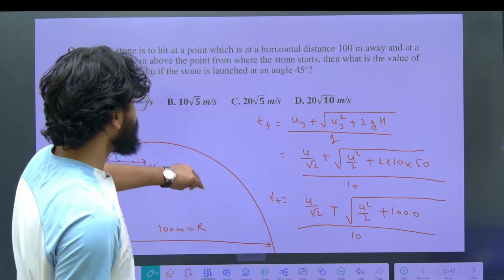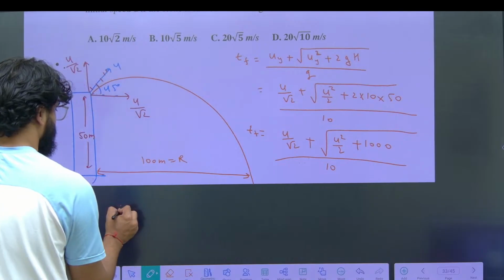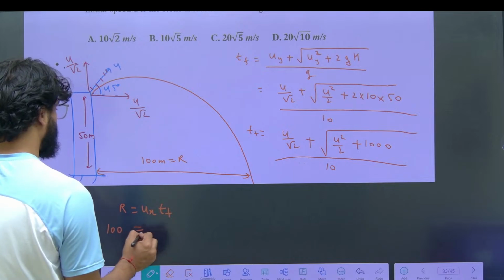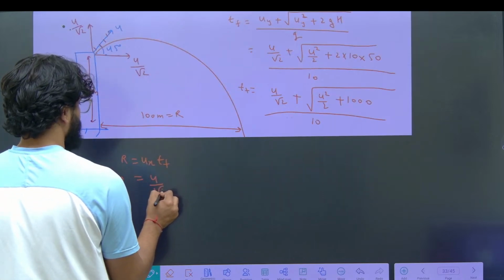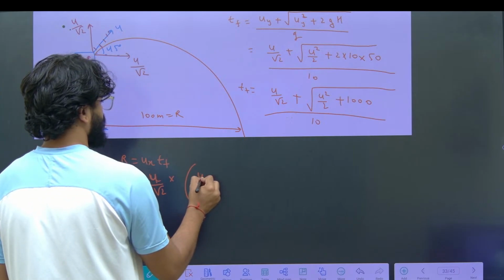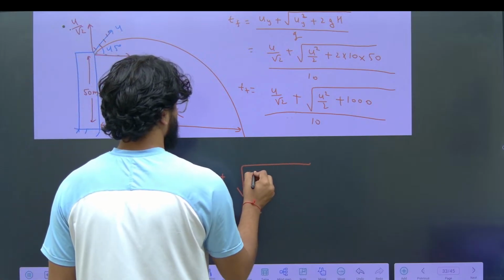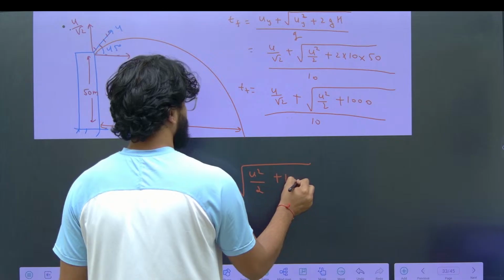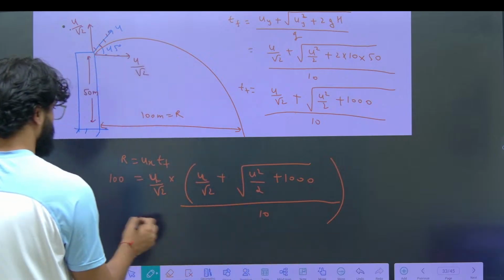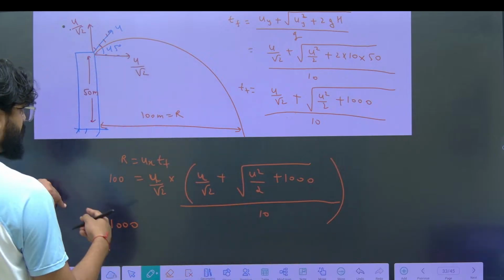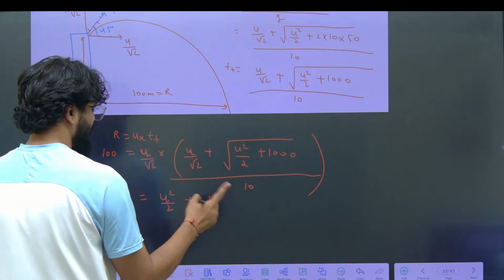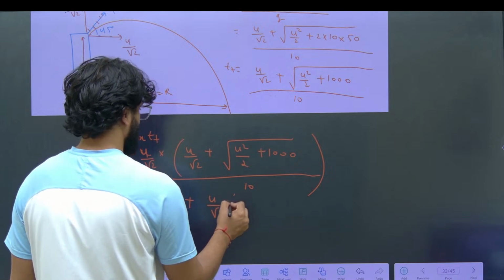Now range is ux into time of flight, which is 100, and ux is u by root 2 into u by root 2 plus under root u square by 2 plus 1000, upon 10. So it will become 1000 equals u square by 2 plus... we have done a similar type of question in the morning, right?